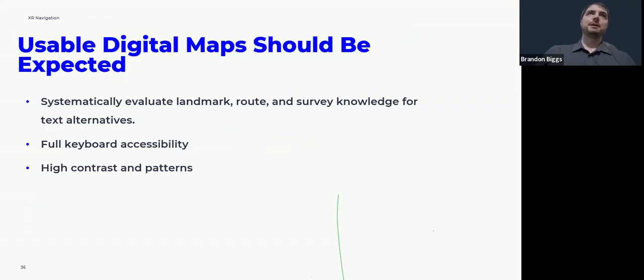Usable maps should be expected. Like the National Federation of the Blind requested, blind people want to be part of the GIS community. They want to work in professions such as city planning and epidemiology or oceanography. But right now, the barrier to entry is so high that they're not able to participate in those professions, because even getting a degree in, or taking any kind of geography class or basic climate class or anything related to GIS is extremely difficult.